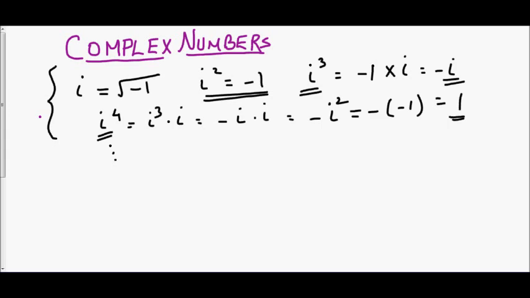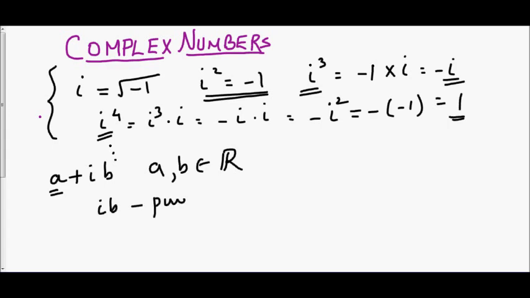Now, a general form of a complex number is always a plus ib, and this a and b are any two real numbers. It could be 0 as well. So when a is 0, you get ib, which is called a purely imaginary number, and if b is 0, you get a, which is a pure real number.